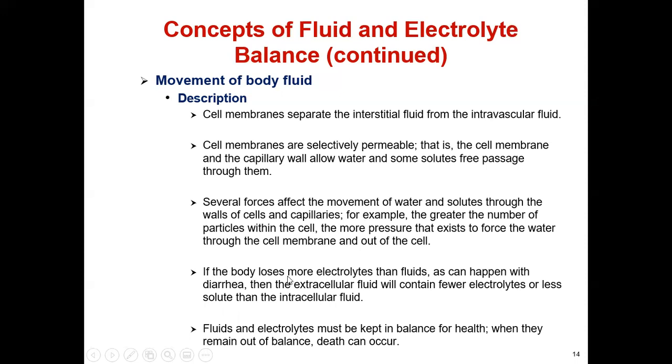If the body loses more electrolyte than fluid, as can happen with diarrhea, then the extracellular fluid will contain fewer electrolytes or less solute than the intracellular fluid. Fluids and electrolytes must be kept in balance for health. When they remain out of balance, death may occur.